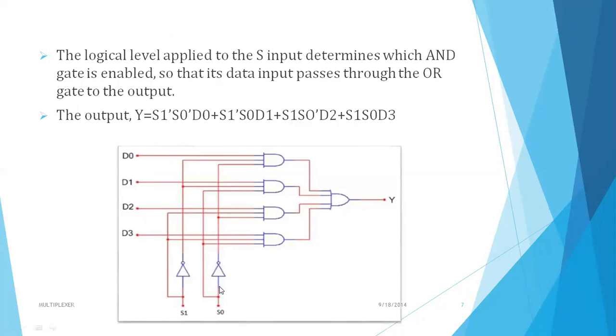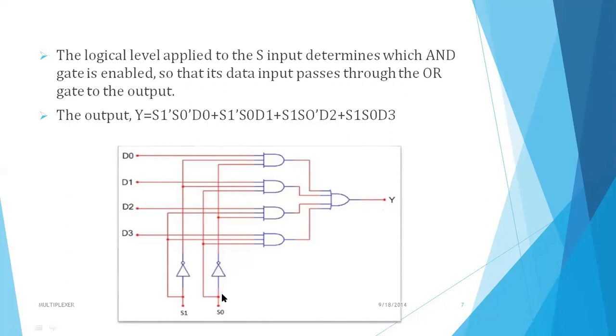S0 value is 0 and S1 value is 0. So the selection lines are 0 0. What is the output for Y? Y is equal to D naught only.